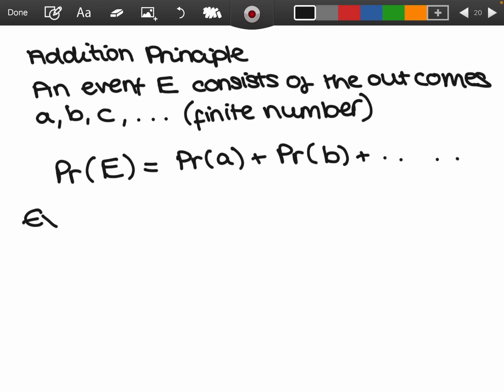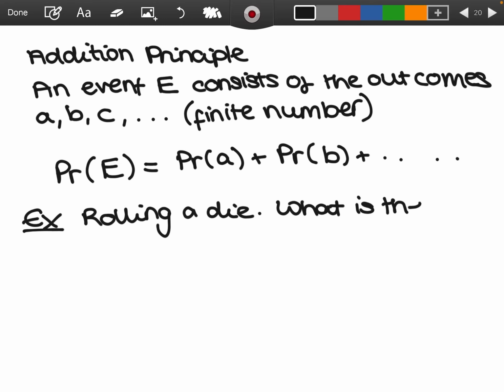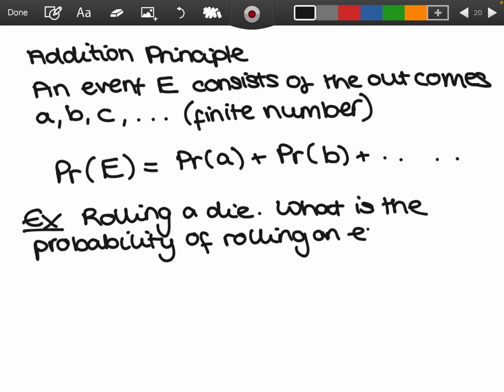So for example, let's go back to rolling a die. Okay. We want to know what is the probability of rolling an even number.